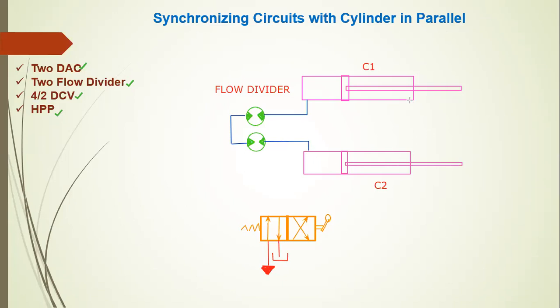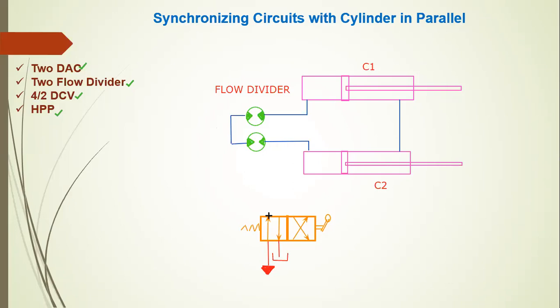The return from cylinder 1 and cylinder 2 is the same, because we concentrate on the actuation process, meaning the extension works with the same flow for cylinder 1 and cylinder 2.